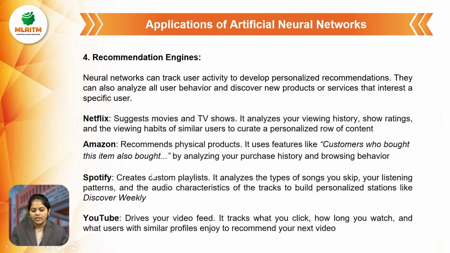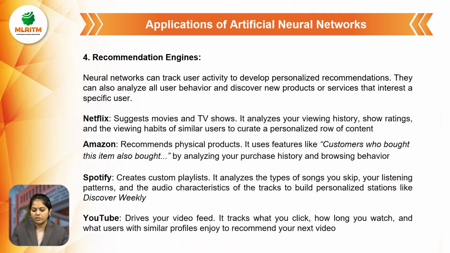Next is Spotify. It creates custom lists, and it analyzes the types of songs you skip, your listening patterns and the audio characteristics of the tracks to build personalized stations like Discover Weekly. So whatever songs we are listening to regularly, those songs will be given as suggestions. Okay, and YouTube.